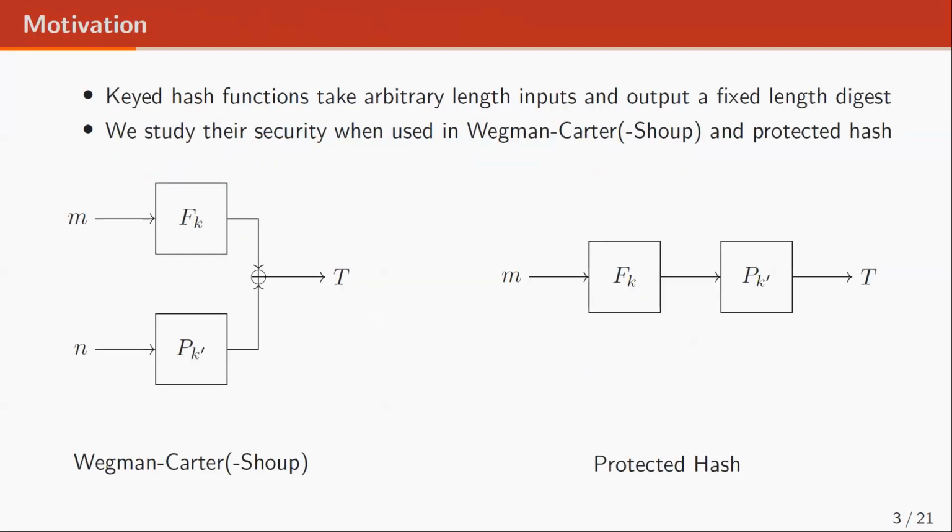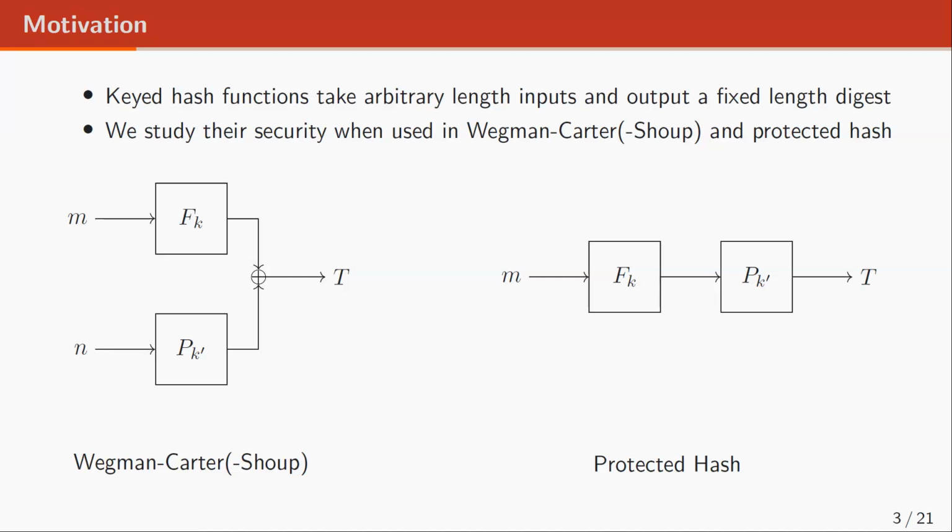So we study these keyed hash functions that take arbitrary length inputs and output a fixed length digest under these two use cases, where on the left we have the Carter-Wegman, and on the right we have protected hash.